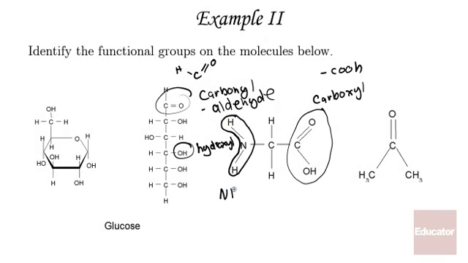NH2 is called an amino group. What do I have here? CH3, I have 2 of these, and these are methyl groups. Okay. So here, some of the various functional groups that I've identified: carbonyl, particularly an aldehyde, hydroxyl, amino, carboxyl, and methyl.